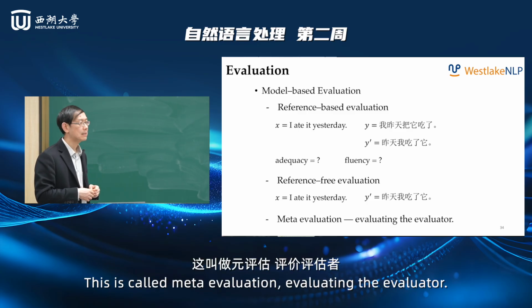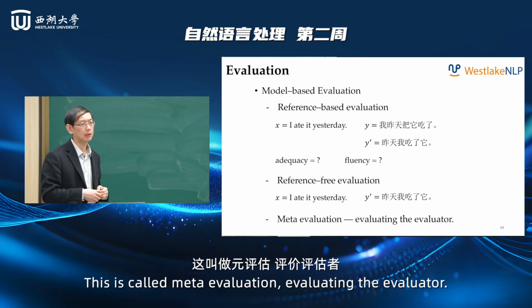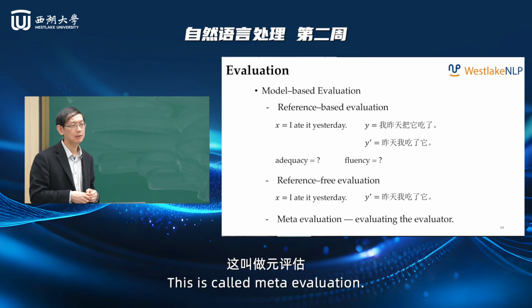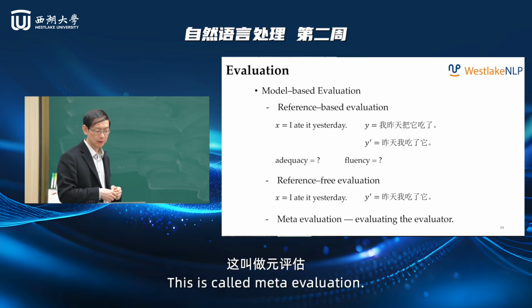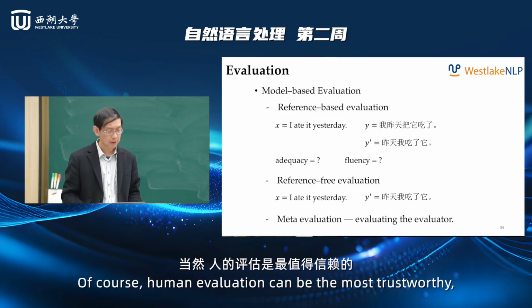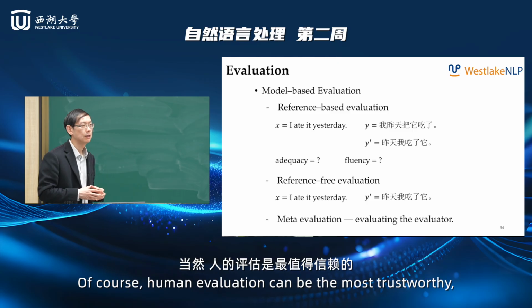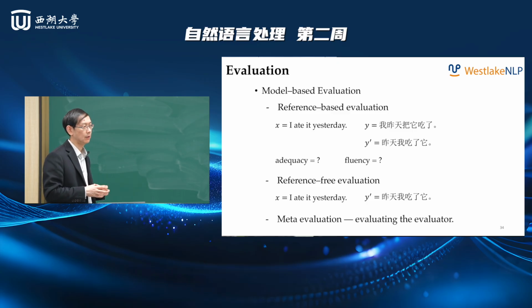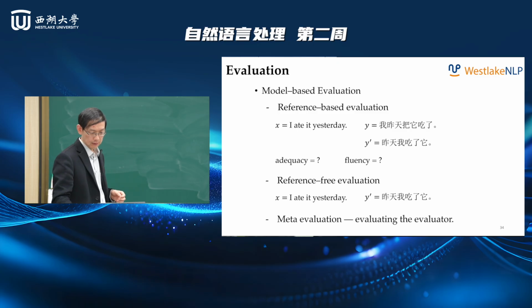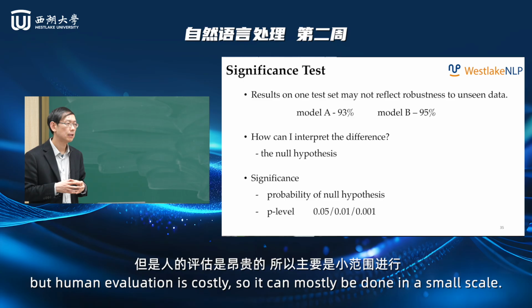And this is called meta-evaluation, evaluating the evaluator. Of course, human evaluation can be the most trustworthy, all right? But human evaluation is costly, so it can mostly be done on a small scale.